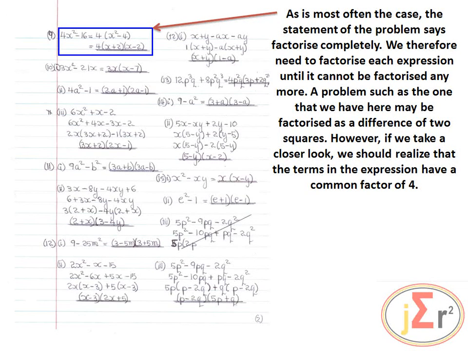However, if we take a closer look, we should realize that the terms in the expression have a common factor of 4. So there we have a difference of two squares, but the difference of two squares have a common factor of 4.